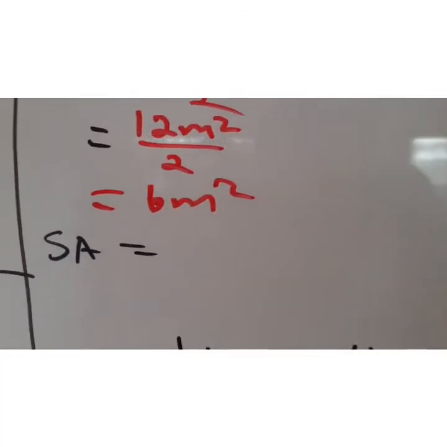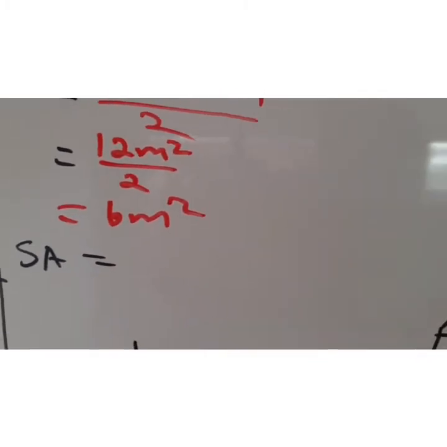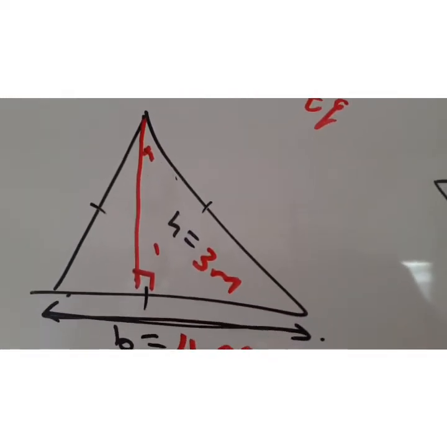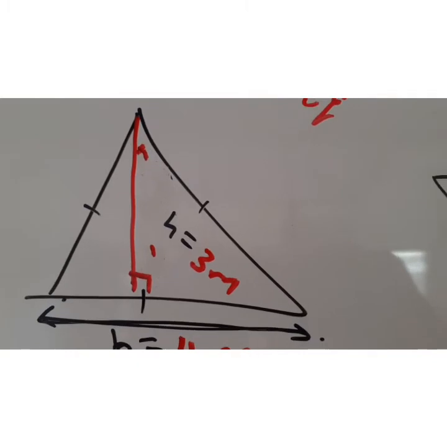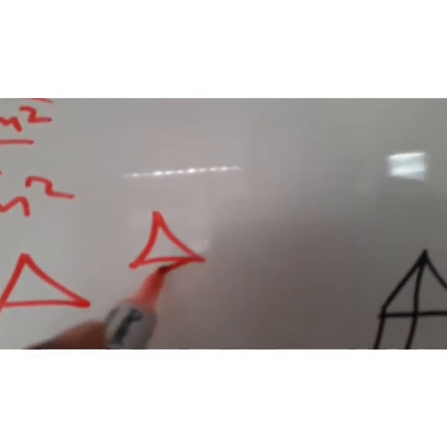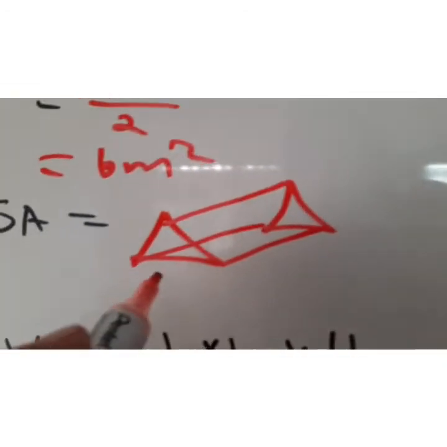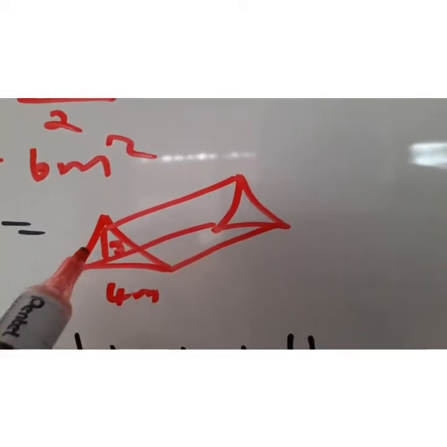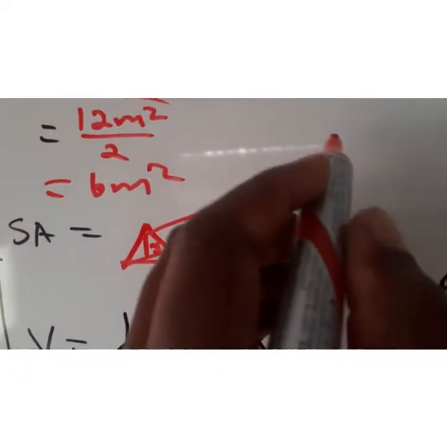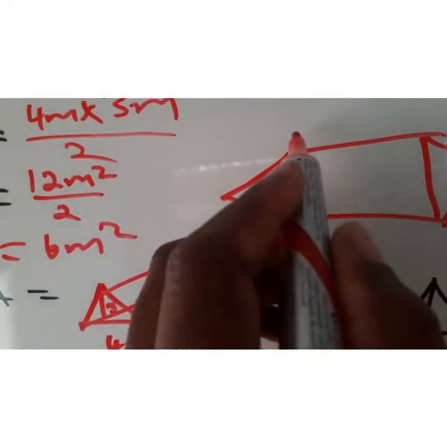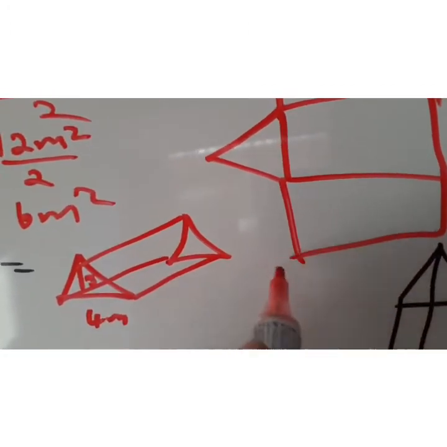Again, on the surface area, they'll also give you another complicated formula. Okay, but when you actually work it out, you'd have to have it in a 3-dimensional form. This would be a triangle, and remember your base would be your 4 meters, and your height will be somewhere here, which is 3 meters. Okay, now in order to get it right, you realize that you have about 2 triangles and 3 rectangles.